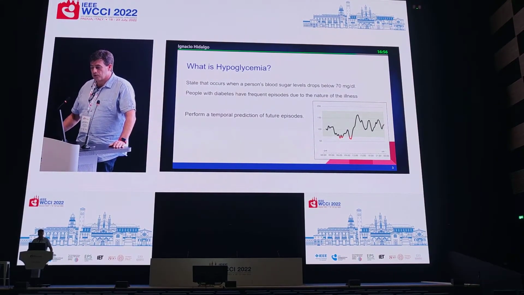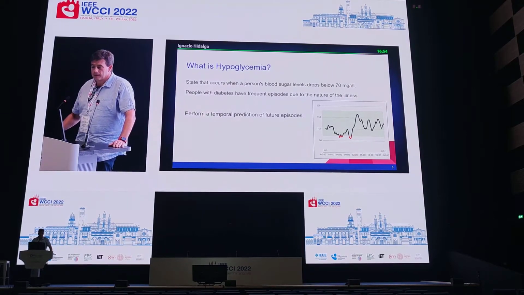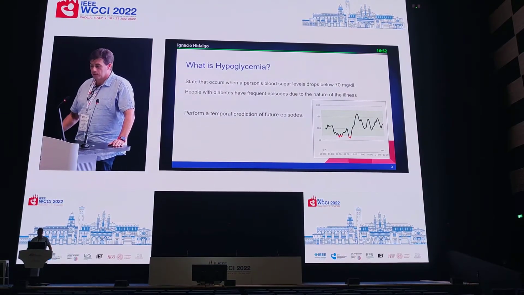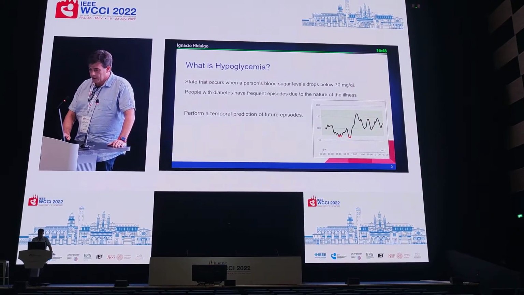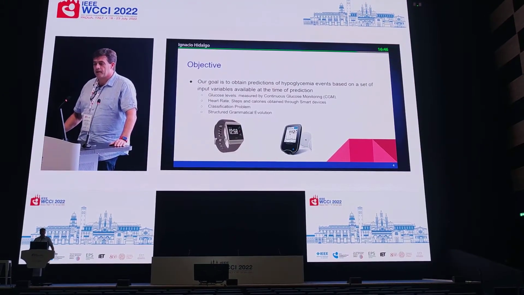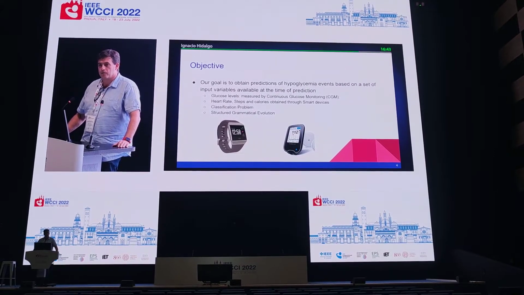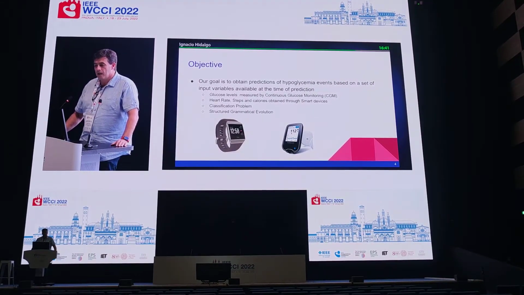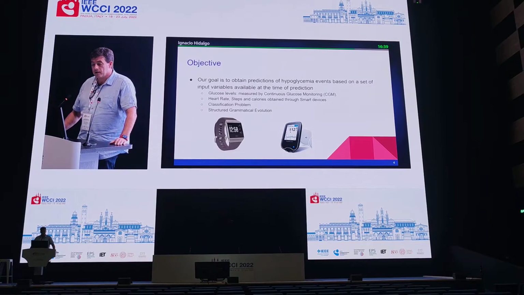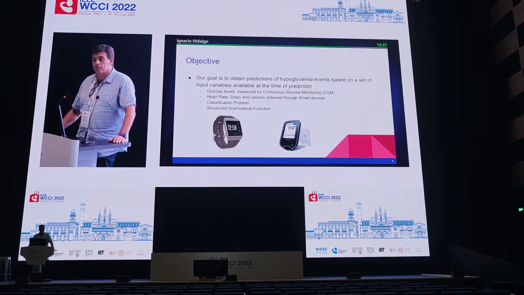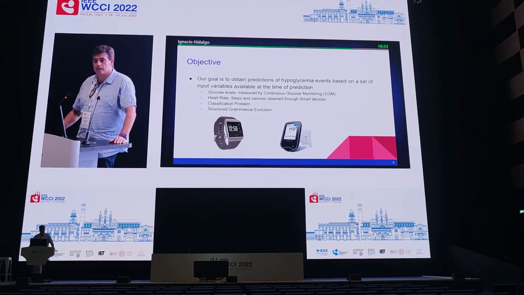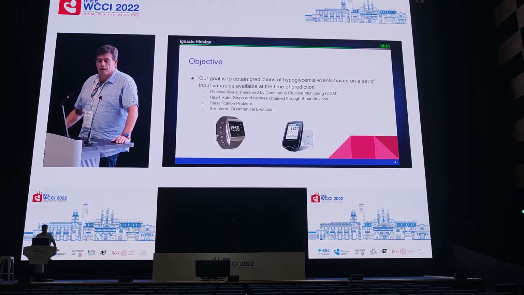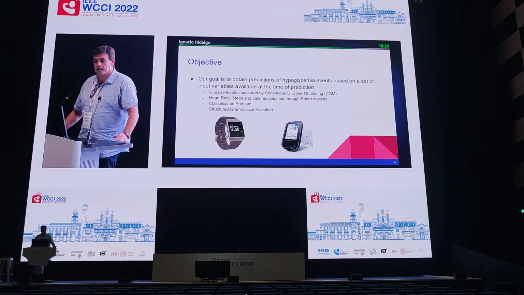And if this episode is too long, the person can have health problems. So our objective here is to give a tool to people with diabetes, and we try to obtain prediction models for hypoglycemia events based on the information that a diabetic usually has at the time of prediction.